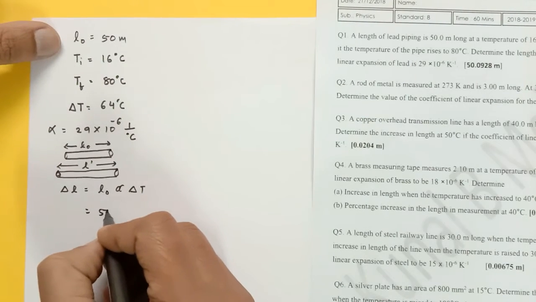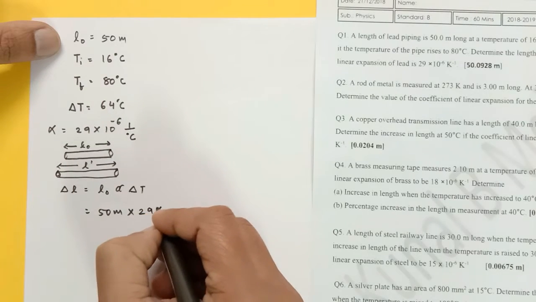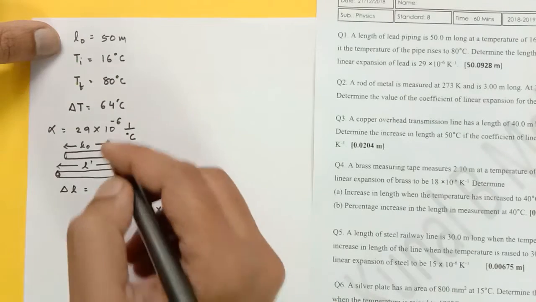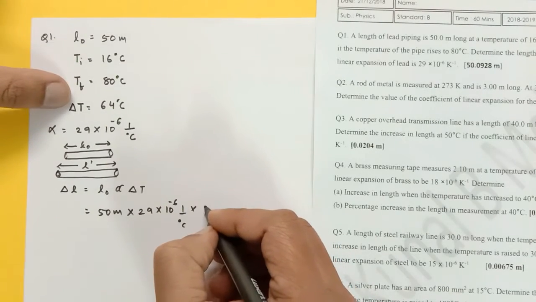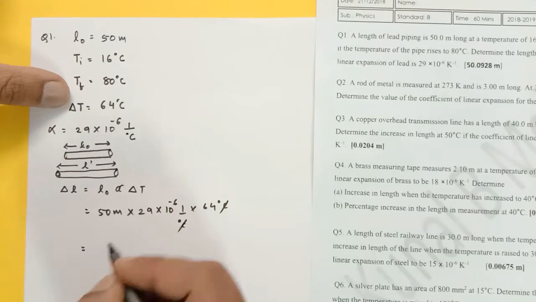L0 is 50 meter into alpha value is 29 into 10 raised to minus 6, 1 upon degree Celsius, into delta T is 64 degrees Celsius. Degree Celsius getting cancelled.